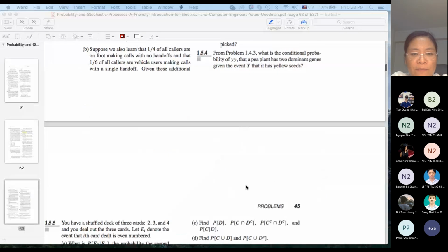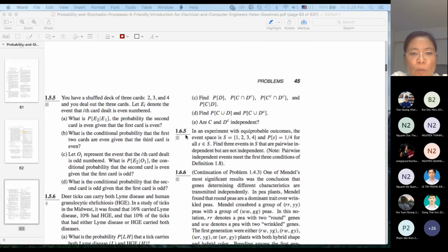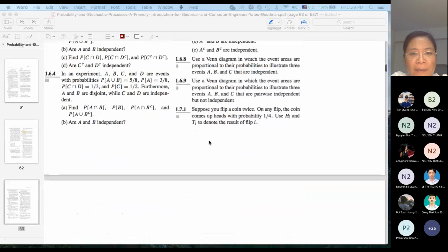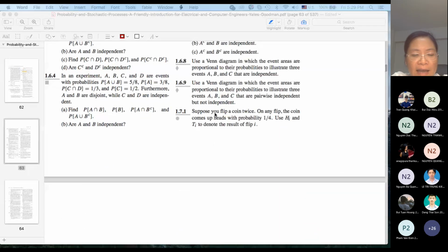It's very important for midterm tests and final tests. And 1.6 is about independence. Okay, that's all. 1.7 and the rest we will study next week.